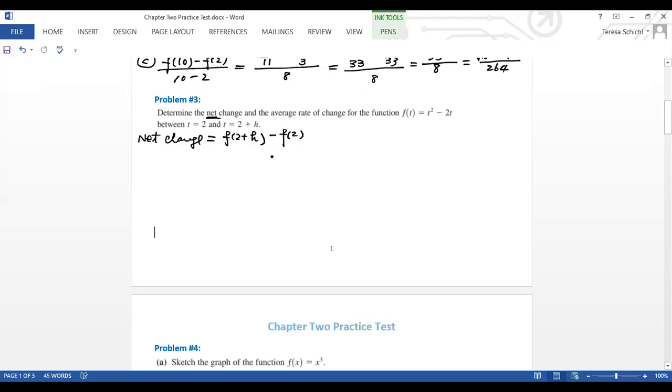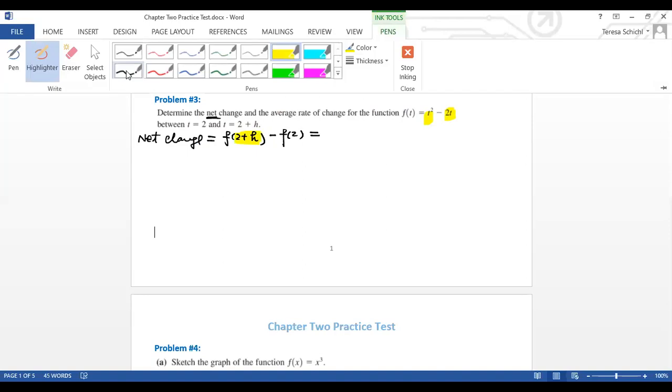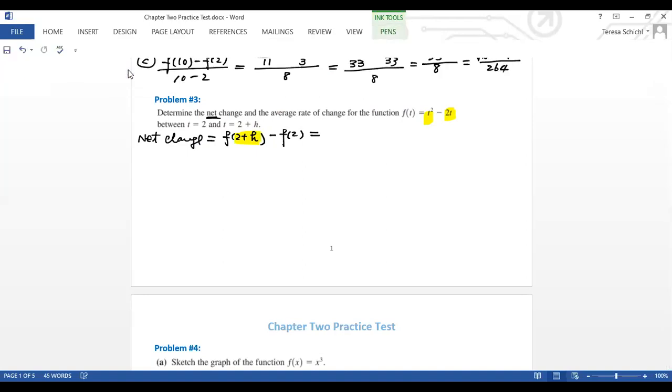Okay, so in here, the 2 plus h means every t here, you need to replace with 2 plus h, right? That's what we did a lot in chapter 1. So let's do it here. This is (2 plus h) squared minus 2 times (2 plus h), right? So this is your x value.